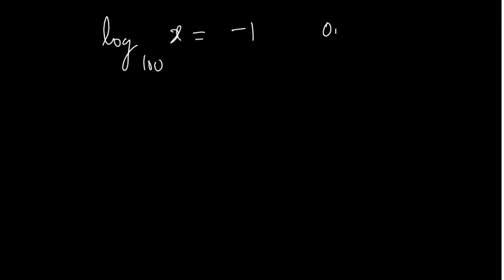So 0.01, 1 by 100. Correct. So the result can be negative. If you change this value from minus 1 to minus 1.5 or whatever, x will automatically change.